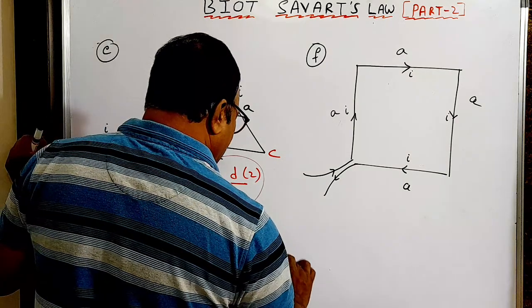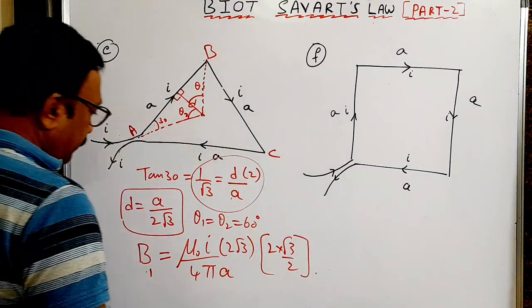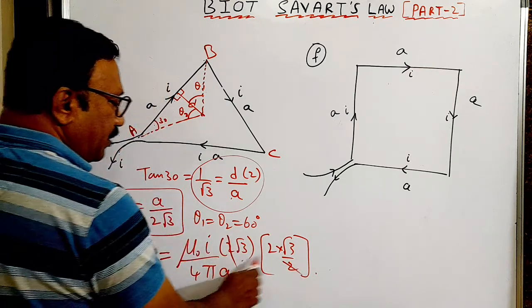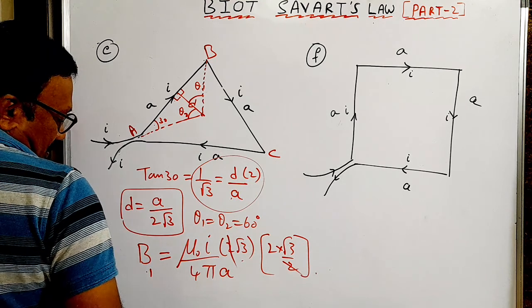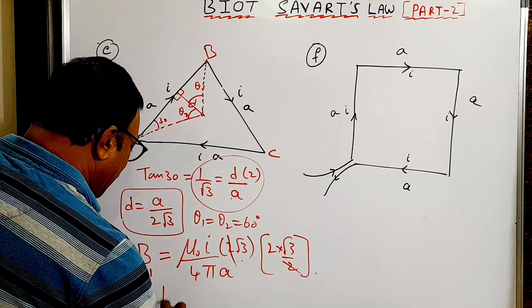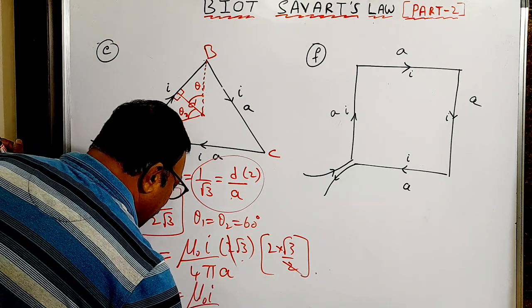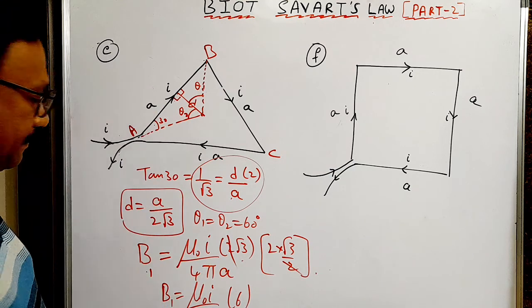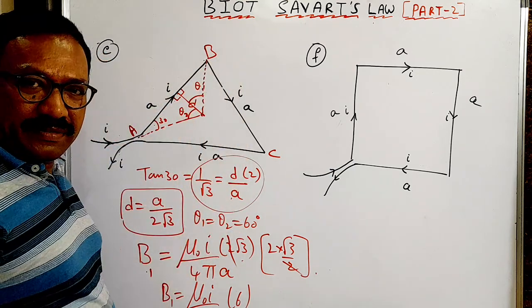So 2 times root 3 by 2. So this 2 will get cancelled here. Root 3 into root 3 is 3, 3 2s are 6. So the magnetic field I'll be getting as mu naught I by 4 pi d into 6. So this is the field due to only this wire.